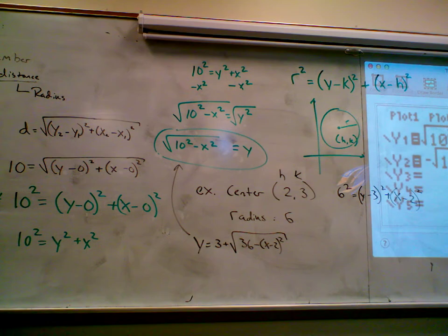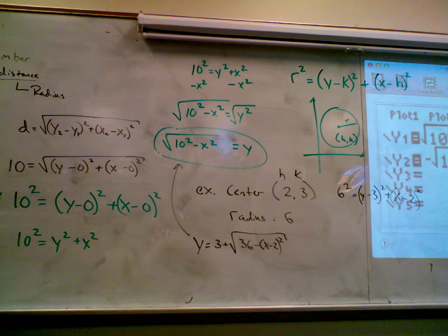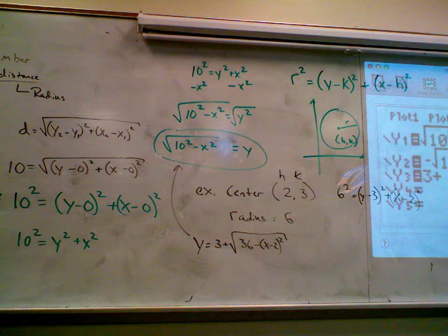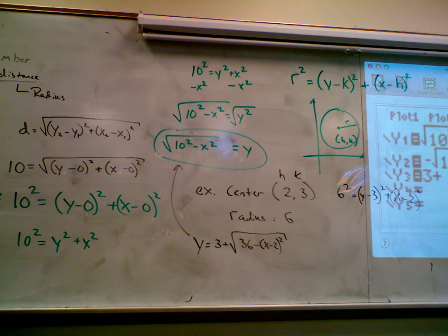Plug in 3 plus the square root of 36 minus parenthesis x minus 2 squared. And that'll be half the circle, right? Then down on y4, you need to plug in negative parenthesis 3 plus the same thing you have up there.